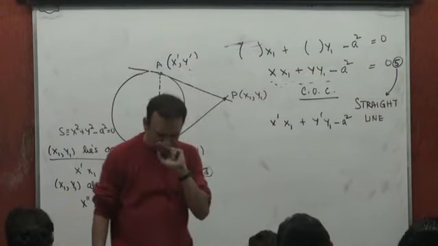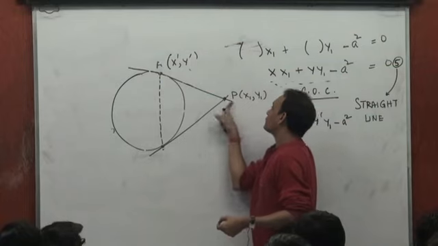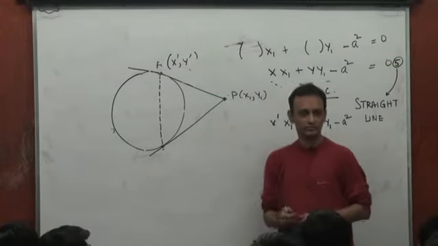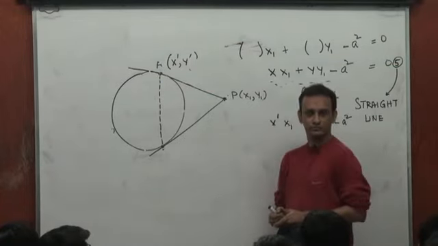Think of this as a rigid circular wire, and these two tangents as also rigid wires. Think of this point P. Take a hammer and hammer this at P. The two tangents will open up.